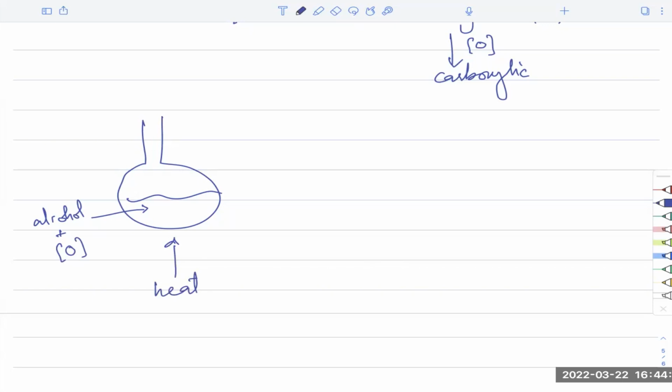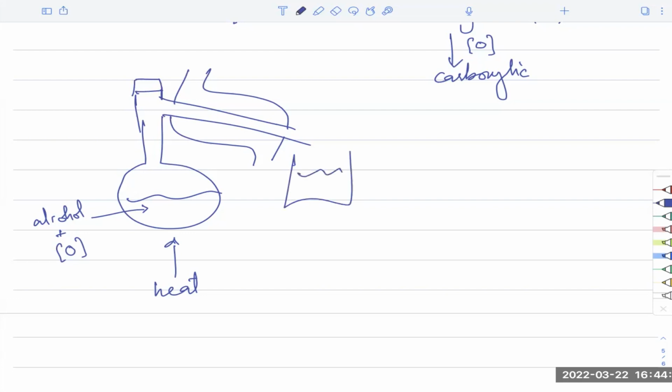And then as soon as it reacts, I extract it. I let it collect on the outside. If I do that, then whatever thing I'll get over here, and usually we collect it in a conical flask, whatever thing I collect over here will be an aldehyde because I've oxidized it, but not completely oxidized it.